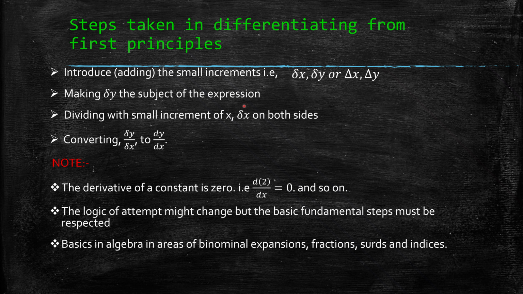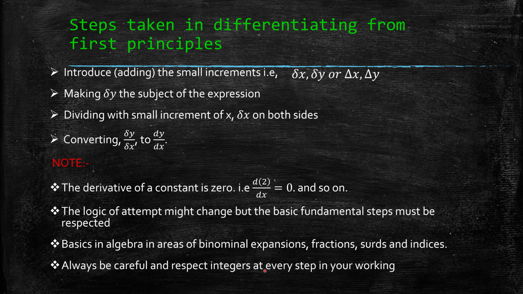Then another thing we need to note is that in the basics of algebra, in areas of binomials, fractions, surds, and indices, we need to know how to expand our logic in these other topics in order to go through these challenging numbers, because we shall start with the easy ones and later find the hard ones. How we deal with them when differentiating from first principles matters a lot.